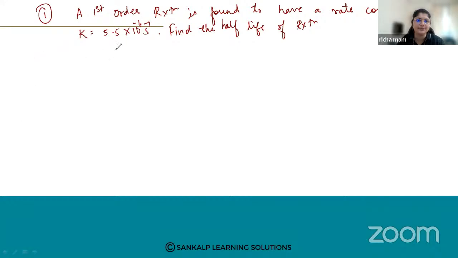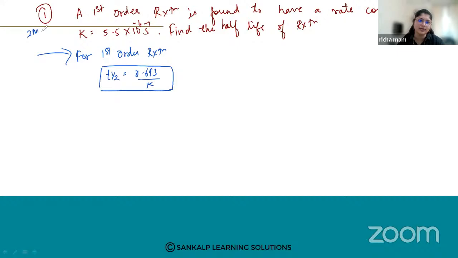How to solve this? For a first order reaction, what is T half? T half equals 0.693 by k. This is a formula, a 2 marks problem. Substitute and tell me the answer. We have to find the half-life period. Half-life equals 0.693 divided by 5.5 into 10 raised to minus 14 per second.